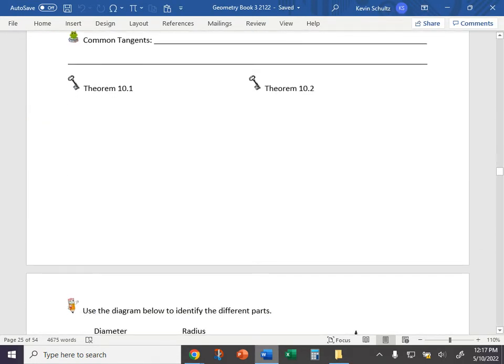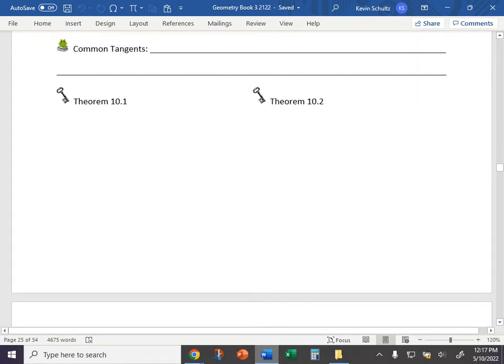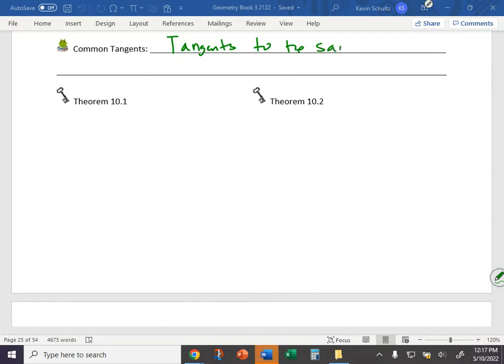I'll blow this up. All right, so common tangents are tangents to the same circle that share a common external point.